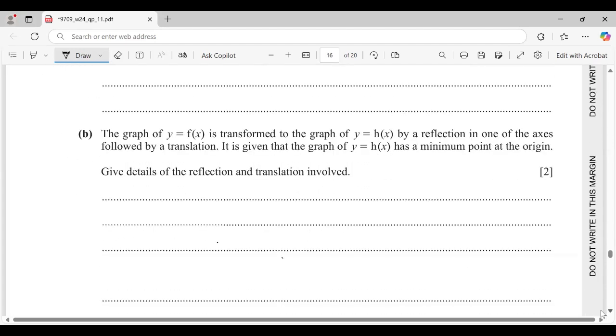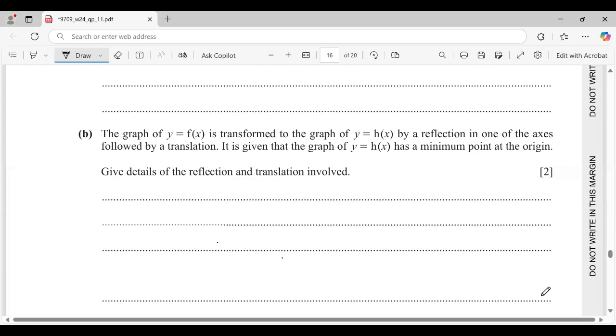Next, part B. The graph of y equals f(x) is transformed to the graph of y equals h(x) by a reflection in one of the axes, followed by a translation. It is given that the graph of y equals h(x) has a minimum point at the origin.